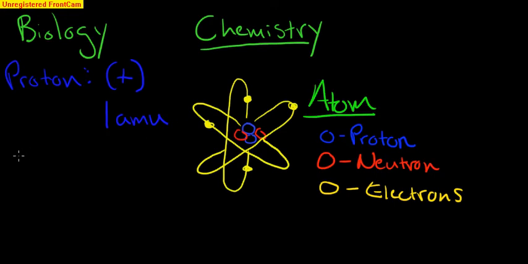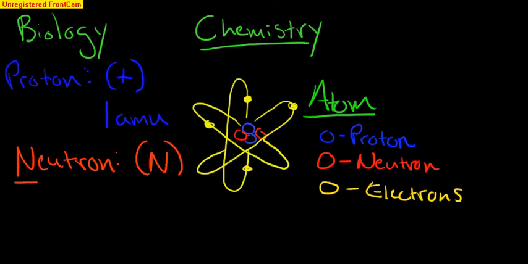Now, next we have a neutron. Neutrons have no charge. I put an N there, for neutral charge. I can remember neutral by the letter N, and then going back up here again, positive for proton, so the P and the N. And then, of course, the neutron has a weight of 1 atomic mass unit.